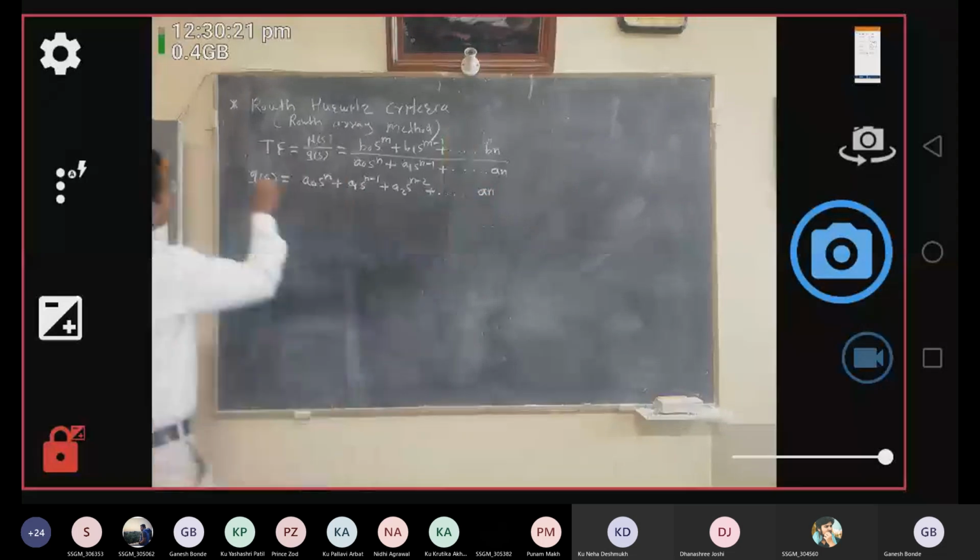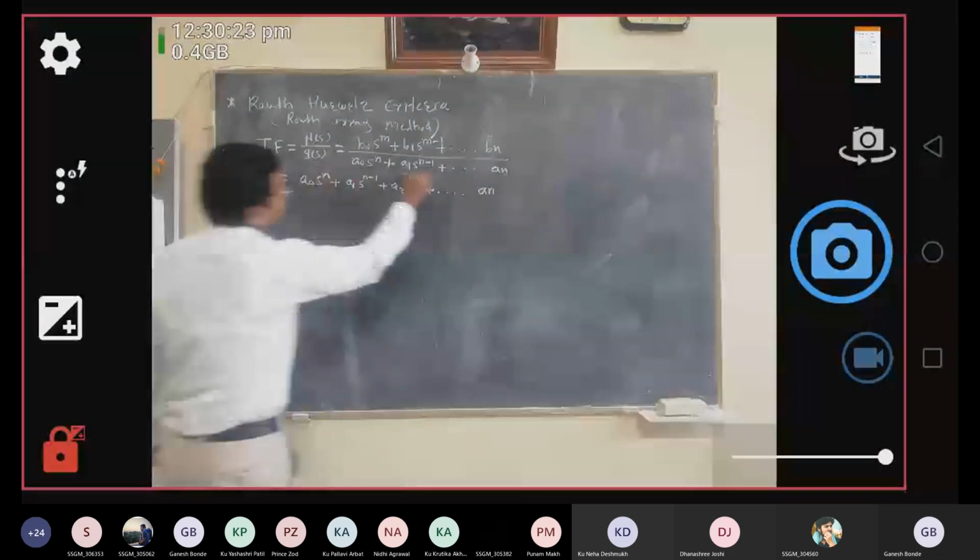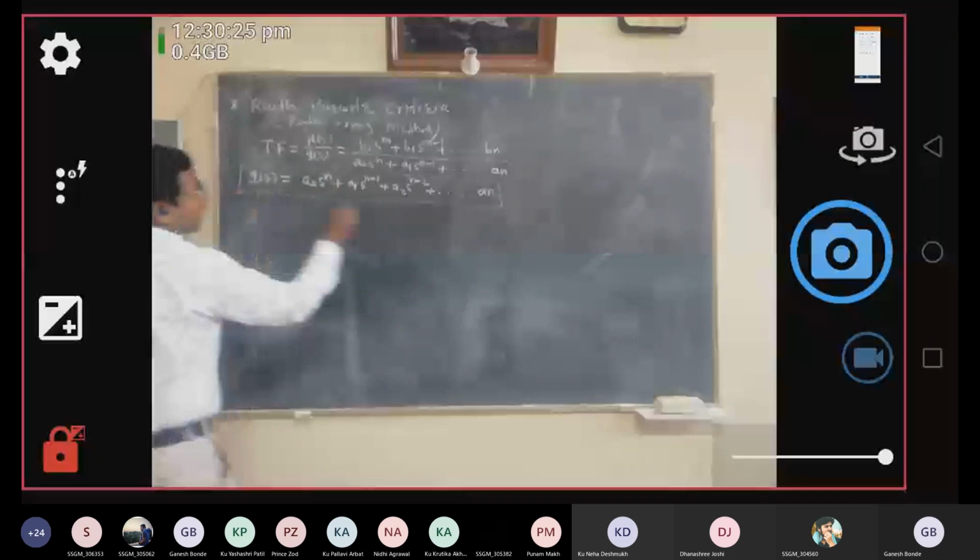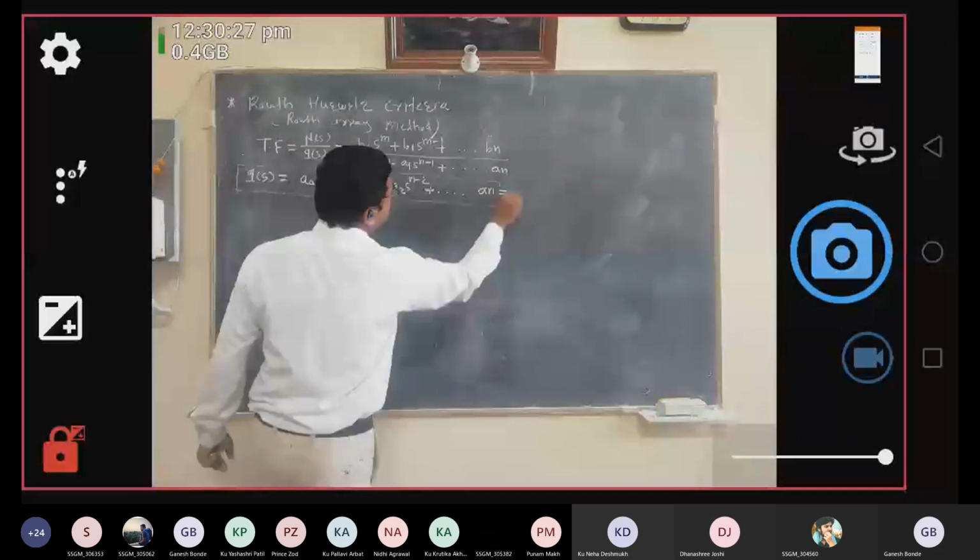Characteristic equations are always equated to 0. This is equation number 1.